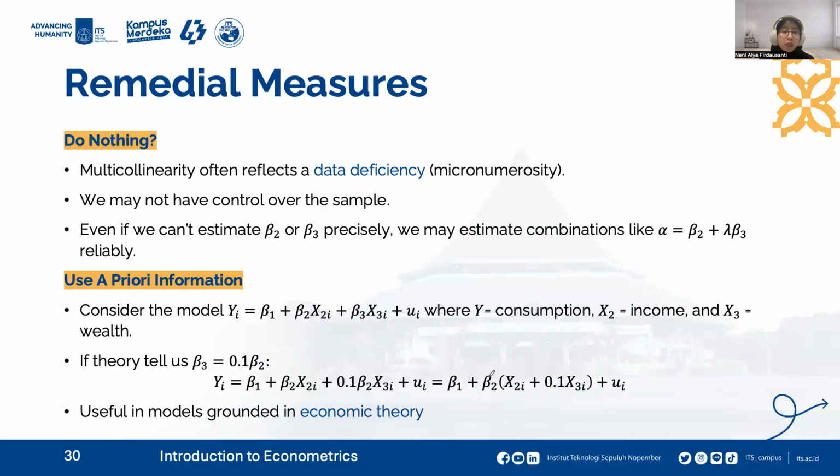In that case, if we know this theory, it will be useful to separate x2 and x3, and we can simplify the model like this. So using a mathematical equation, we can use this economic theory to simplify our model.